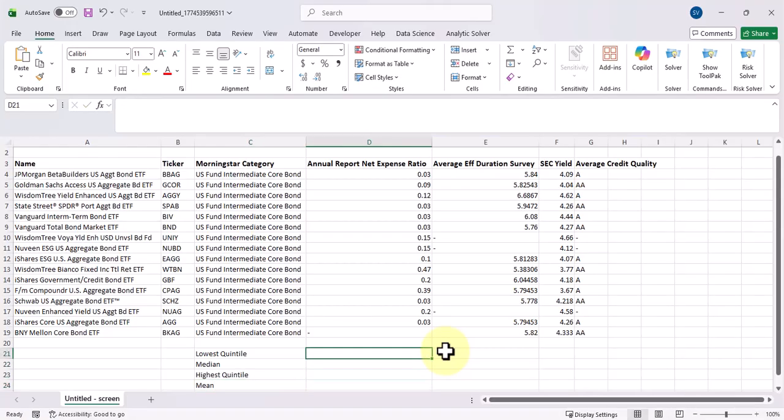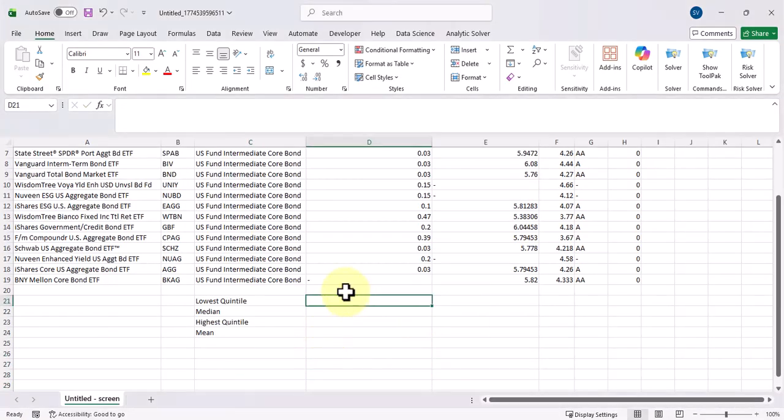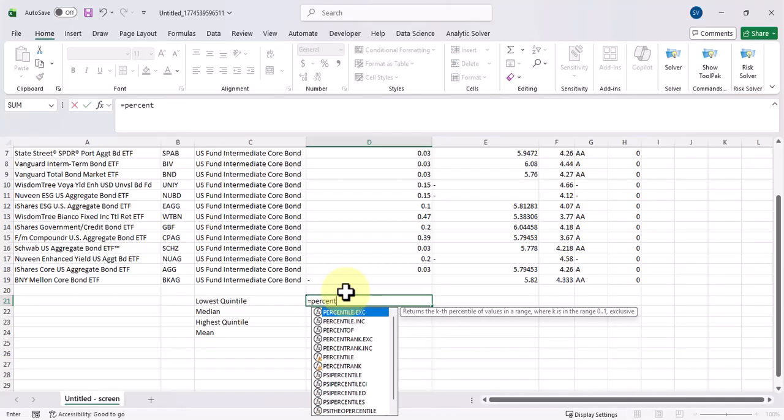So we're going to use the percentile function in Excel, and so I'm going to put in here equals percentile, and there's a couple of different options, .exc, .inc, or just percentile. I'm going to use the .inc, because I want to include all the observations.